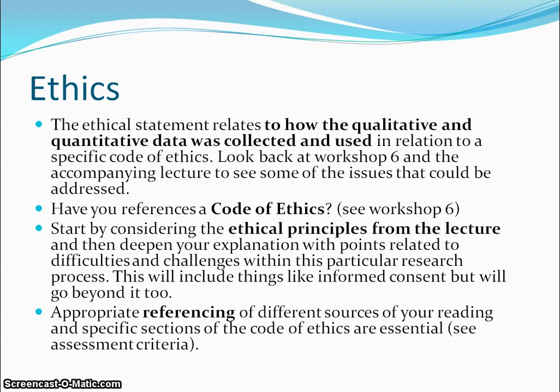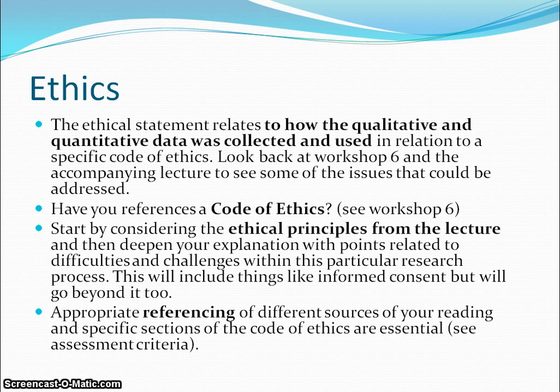And please make that distinction between the two words there, collected and used. And make sure you are referencing a specific code of ethics. In our workshops, we looked at the British Society of Criminology Code of Ethics, and we would expect you to make reference to this or any other suitable code of ethics that we use within the social sciences.